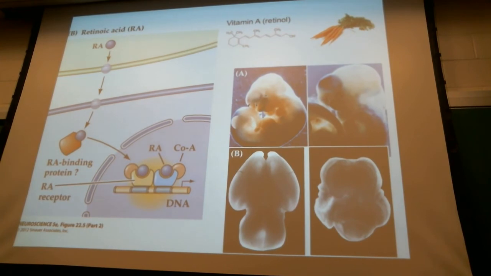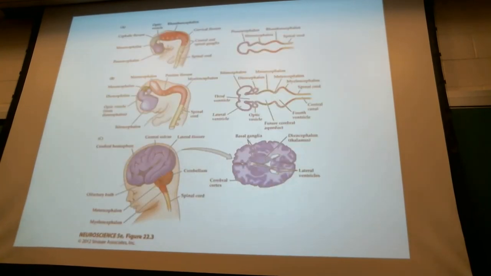So we've been looking at how to organize the dorsal ventral axis, but what about the anterior posterior axis? Let's think about that next. The brain will be formed in this way. From the most anterior part to the most posterior part, there are different parts created.